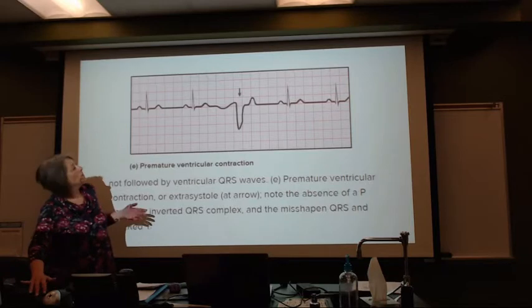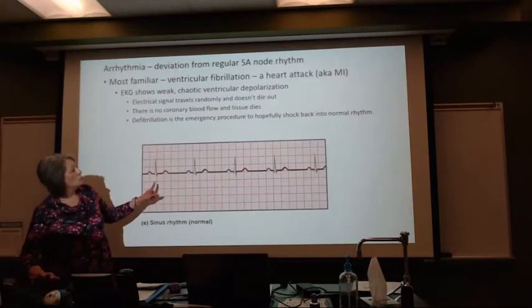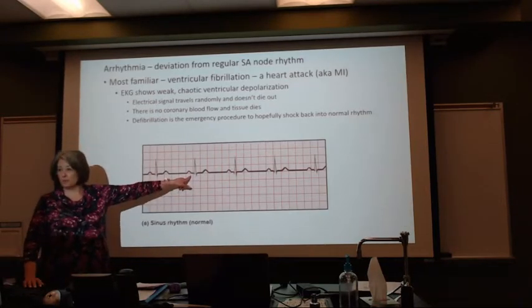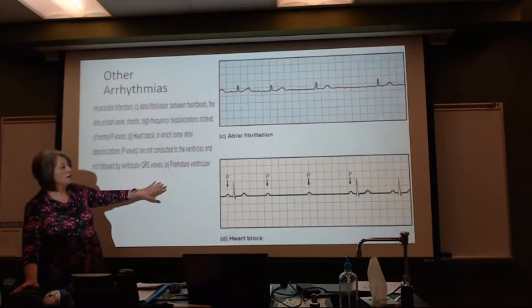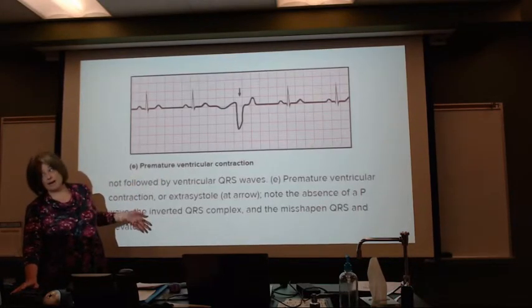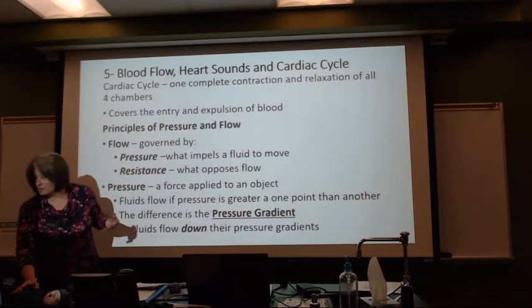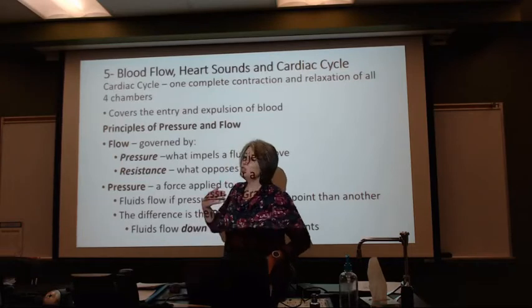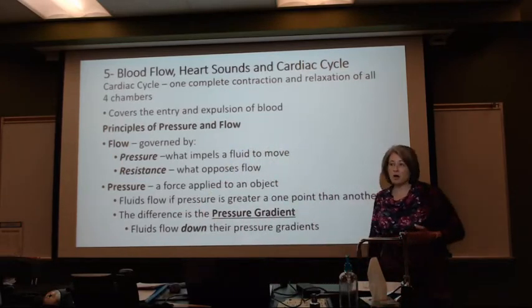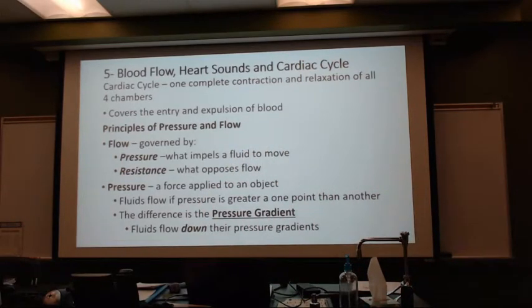And if you remember, we looked at what would be normal, and therefore anything that deviates from this is going to be abnormal. And our hope, of course, is that the doctor is going to be able to look at that and know what part of the heart is having an issue and be able to address it.